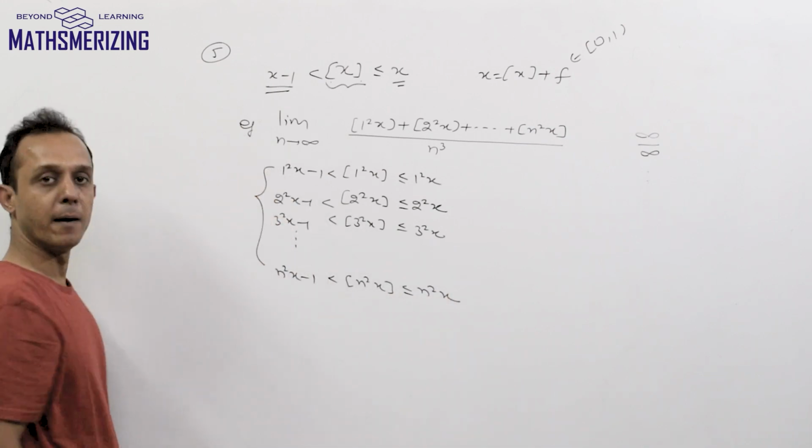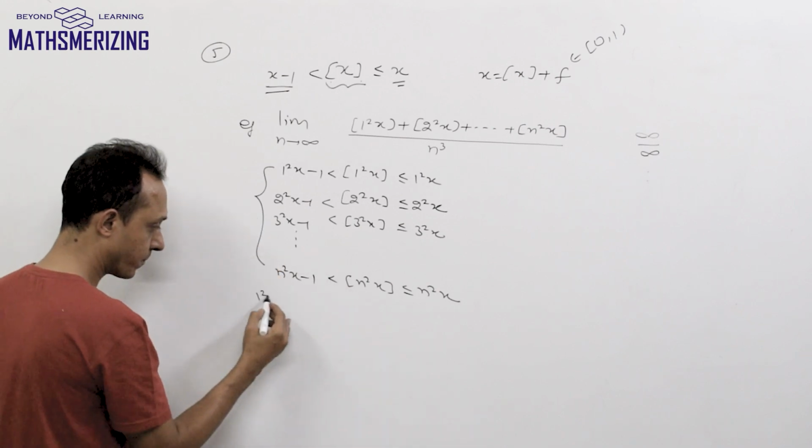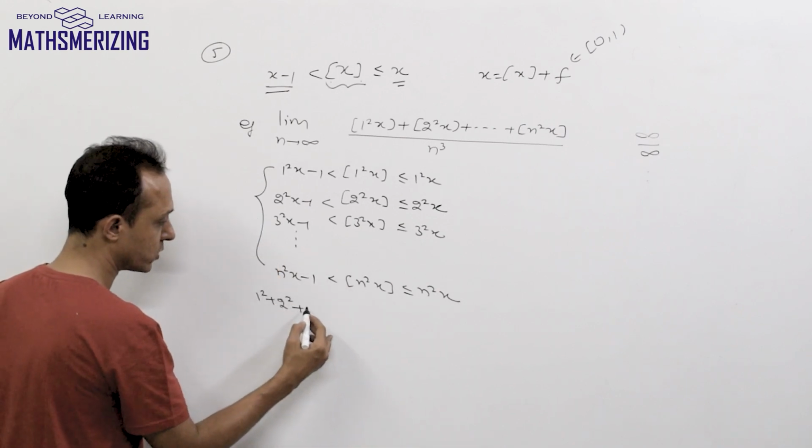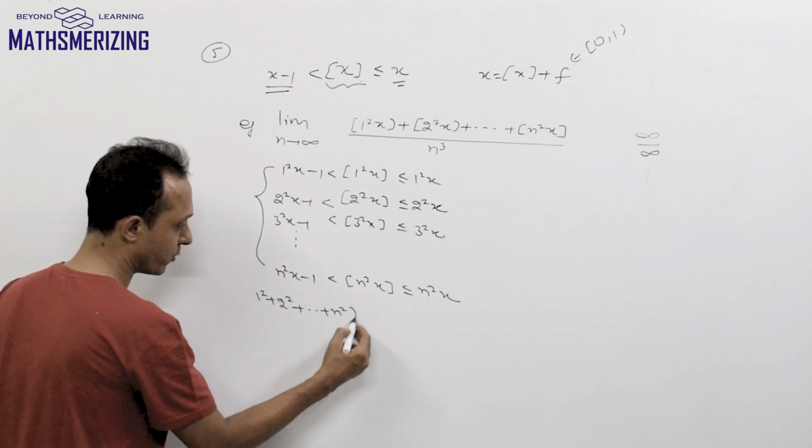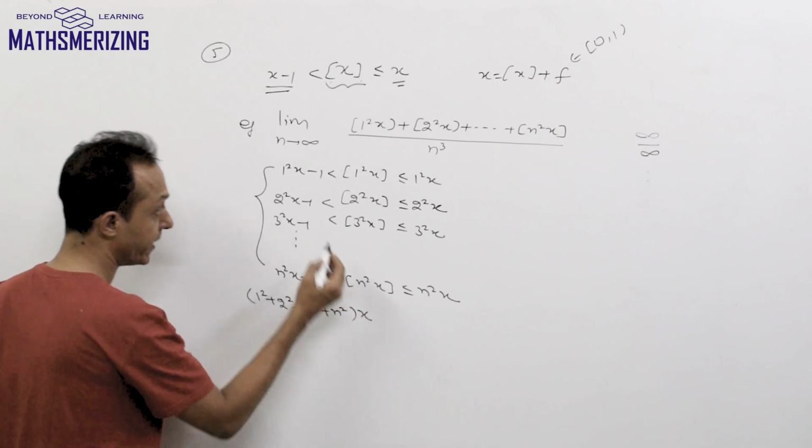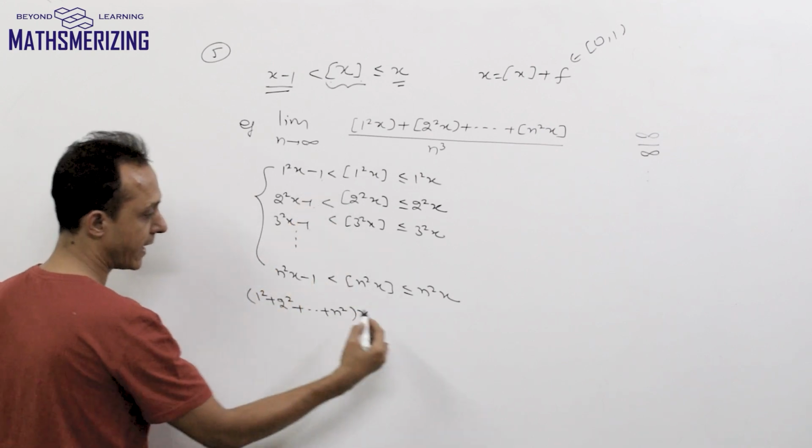If I add them all up, I can write it as 1 square plus 2 square up to n square, into x, and then minus 1 minus 1 minus 1, n times, so there will be minus n.